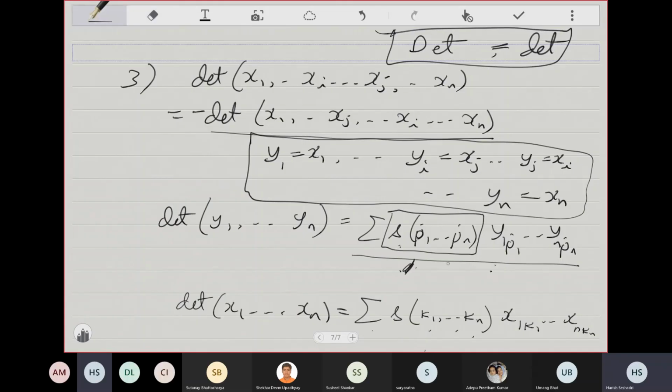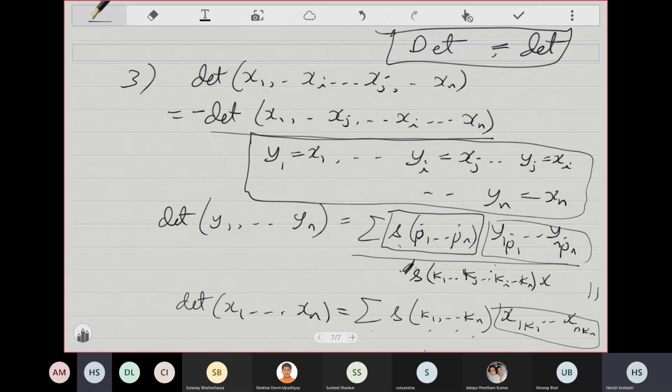Rather, let me look at here. If I look at S of K1, Kj, Ki, rather than Ki, Kj, then I'll get this part will be the same as this part.